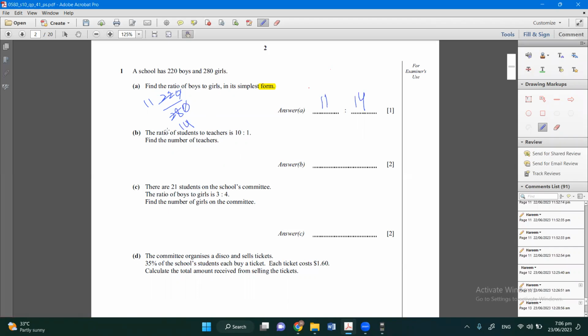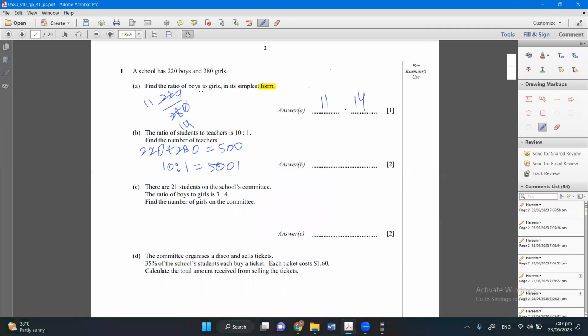So the total count of the school would be 220 plus 280, which makes 500. Now the ratio of students to teachers is 10 ratio 1, and the students are 500, so 500 ratio x.